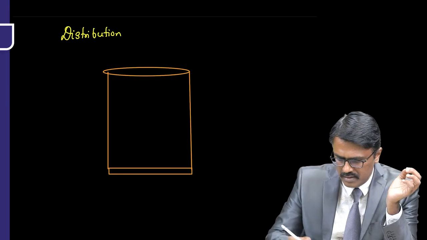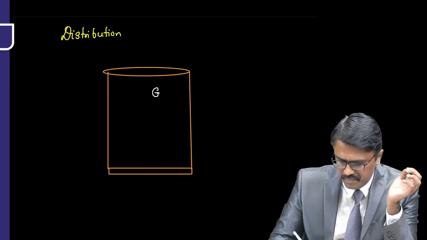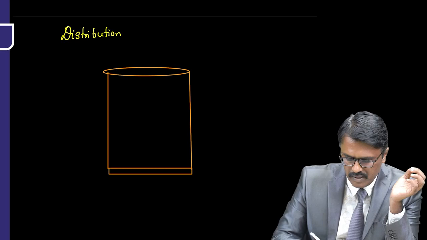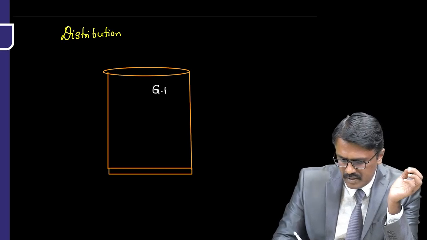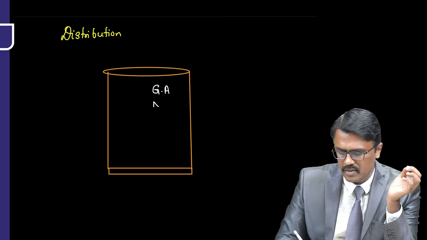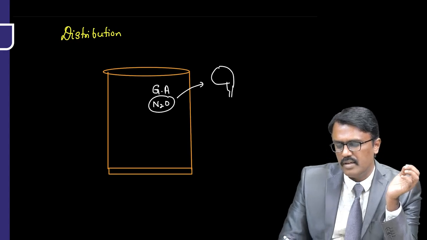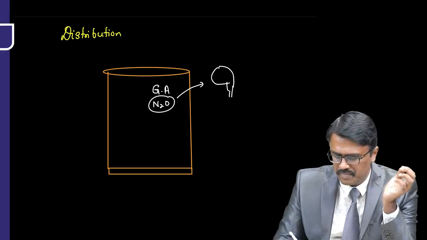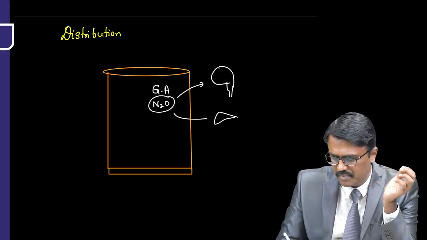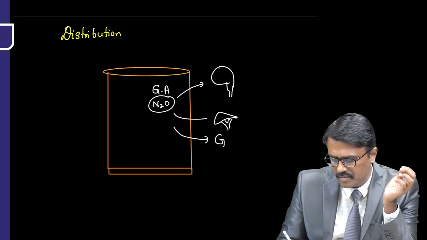Now when we give general anesthesia, for example, nitrous oxide will enter the brain faster. Why will it enter the brain faster? Because the brain has more blood flow. It can also enter the liver. It can also enter the kidneys.